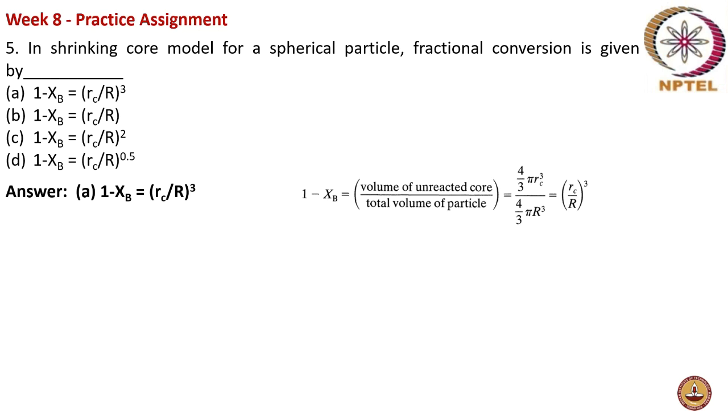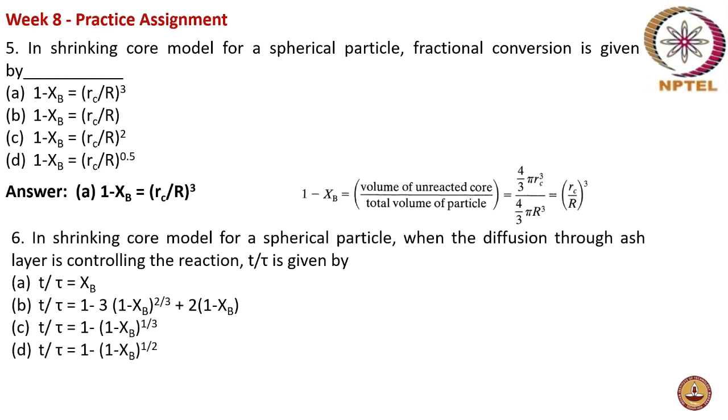So it is 4 by 3 pi rc cube by 4 by 3 pi r cube, where r is your total particle radius and rc is your shrinking core radius. So that will give you rc by r the whole cube. Okay, that is the fractional conversion, whether it is gas film controlling, or ash controlling the reaction, or the actual reaction rate controlling the reaction.